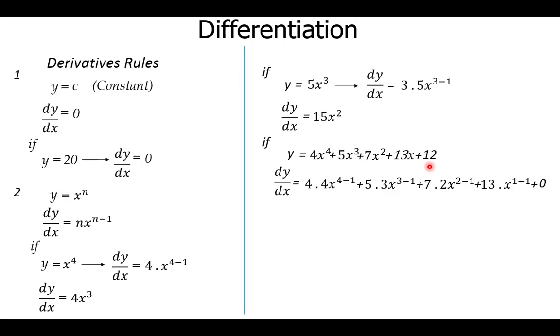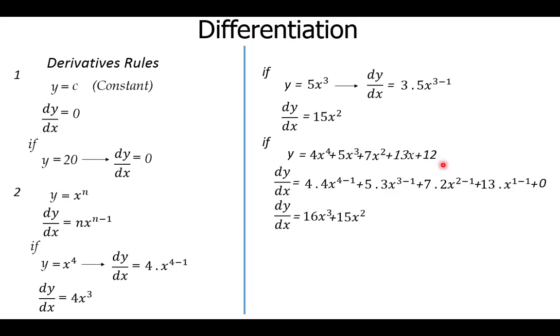So simplifying that, dy/dx will be equal to 4 times 4 is 16, x to the power 4 minus 1 is 3. So that will be 16x raised to the power 3. Plus, 5 times 3 is 15, 3 minus 1 is 2. So that will be 15x squared.